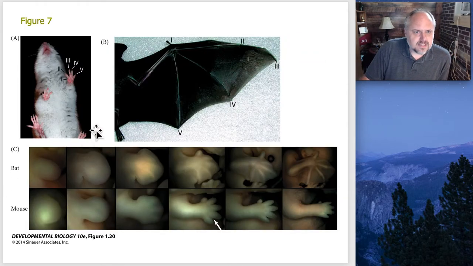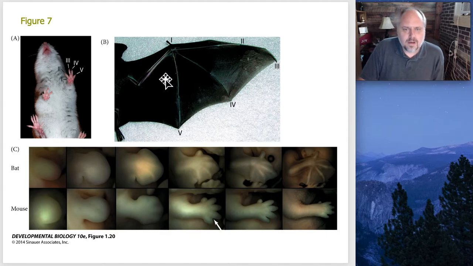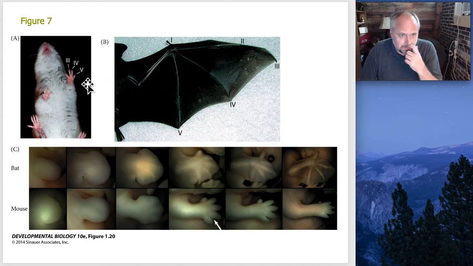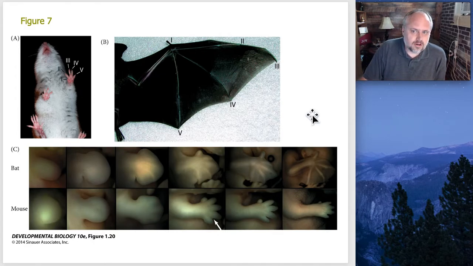Obviously the layout of a hand, and in this case what we could call the forelimb, the way in which the bones are laid out and the way in which the fingers are spaced and so on, the mechanisms by which all of that takes place are almost identical in both mice and bats.